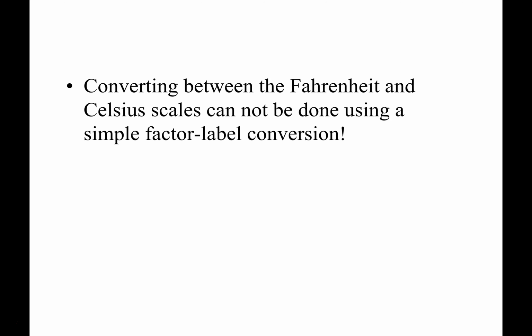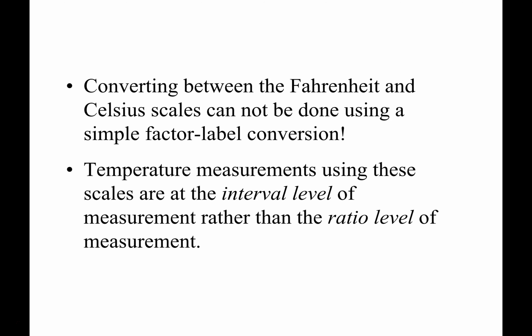You can't use factor label to convert back and forth between them. So they're not ratio level, but they're interval level. And I'll try to show you the difference in scale. This isn't just temperature. This could be a scale for length, a scale for time, a scale for anything you measure.